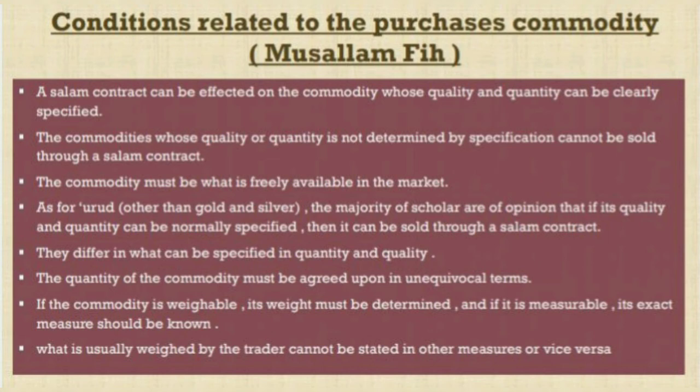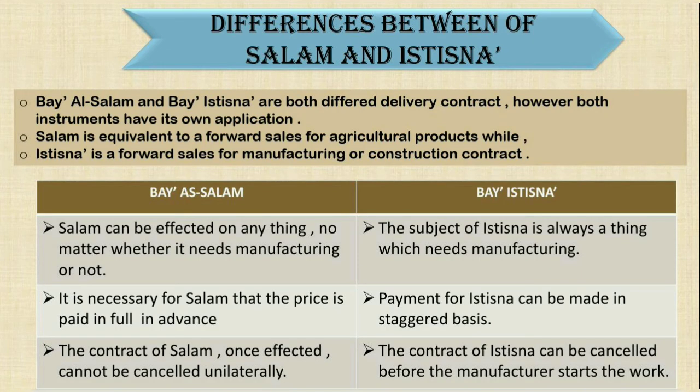Maksudnya, apa yang biasanya ditimbang oleh peniaga tidak dapat dinyatakan dalam ukuran lain atau sebaliknya. So, yang ni macam nombor 7 tadilah. Kalau barang tu boleh ditimbang, so mesti ditimbang. Dia tak boleh guna dalam ukuran lain.